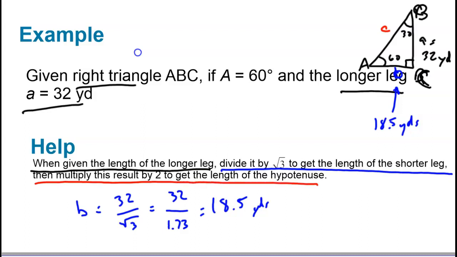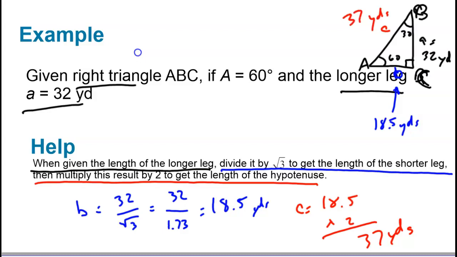So we'll take this result, which was 18.5, and multiply that times 2. So C equals 18.5 times 2, and that will be 37 yards. And so that says this is 37 yards.